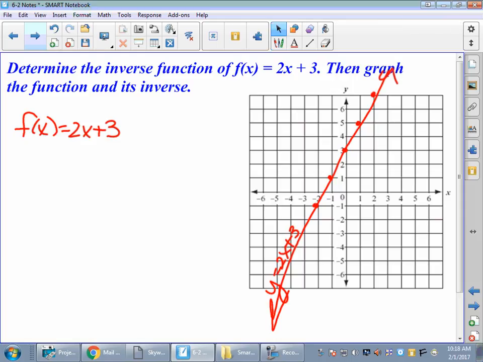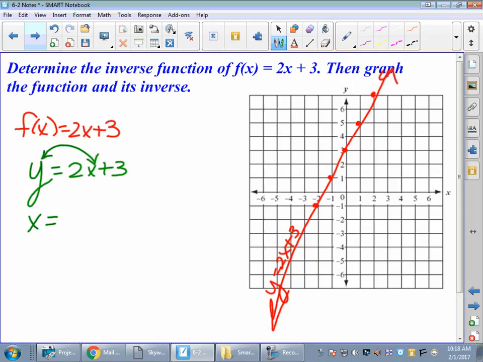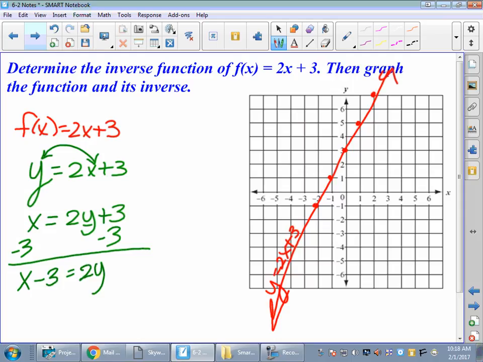So to find the inverse, I'm going to change that to y equals 2x plus 3. I'm going to interchange x and y, so x equals 2y plus 3. And now I just got to solve for y. I got to get y by itself. So I'm going to subtract 3 from both sides. That leaves me with x minus 3 is equal to 2y. I'm going to divide by 2.